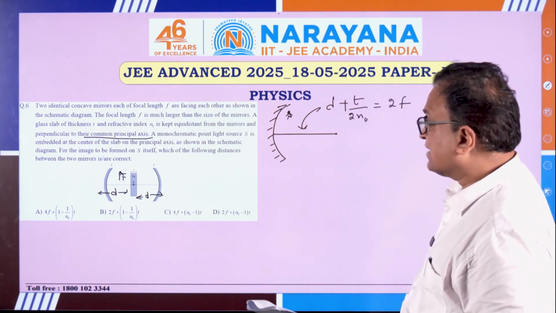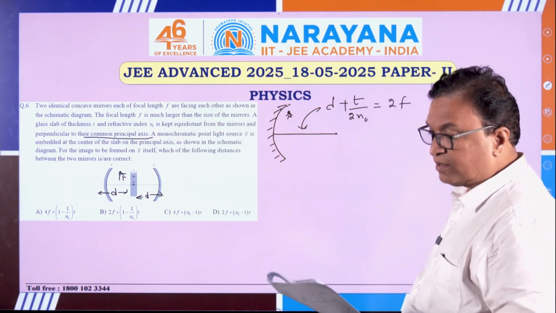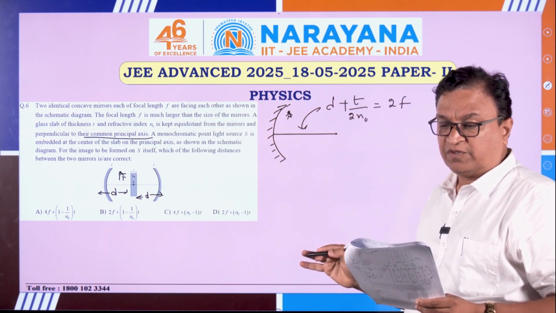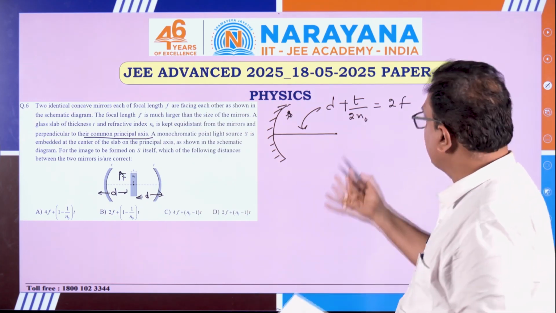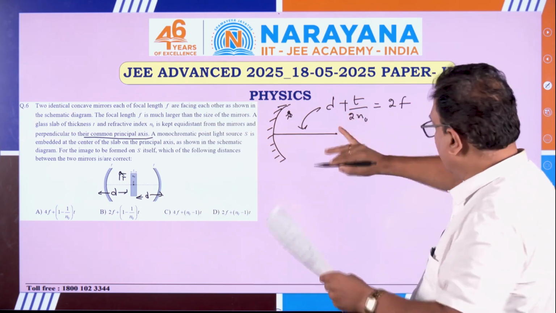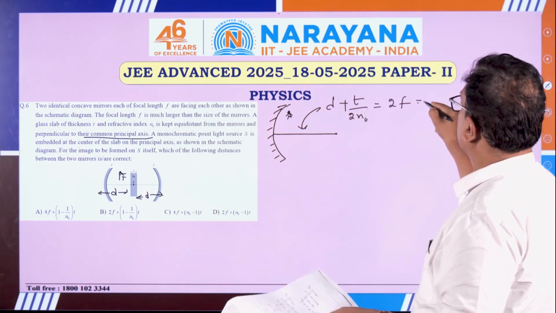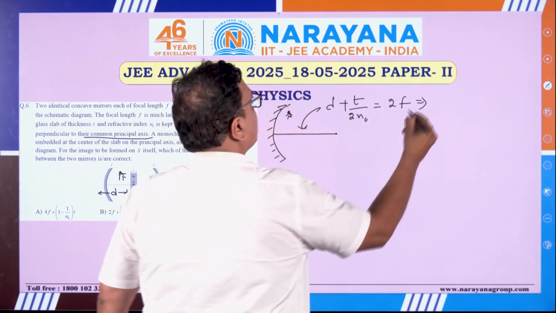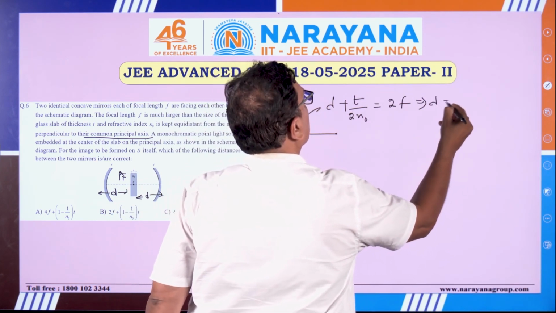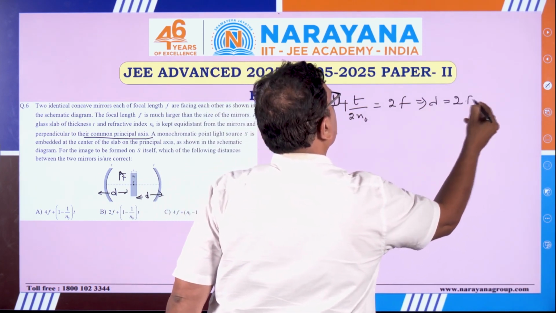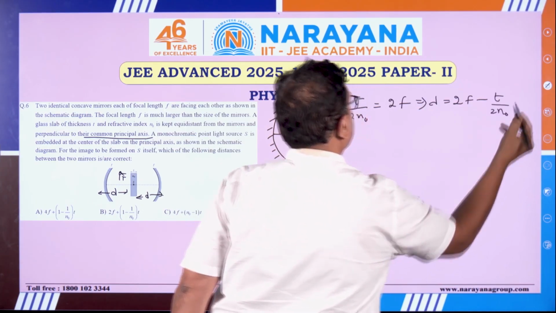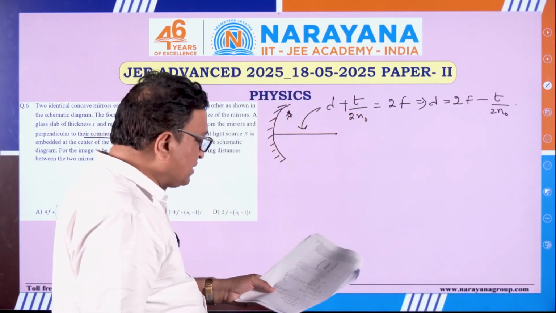So for which of the following distances between the two mirrors is correct? They want 2D plus. I am assuming this as my first option. If this is my first option, D is equal to 2f minus T by 2 n0.